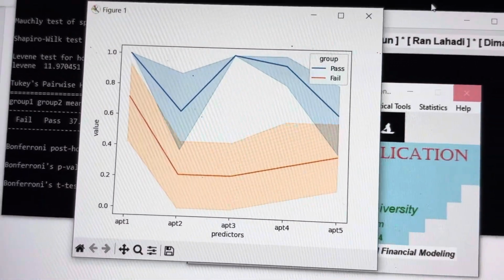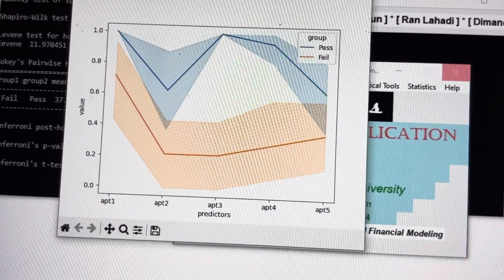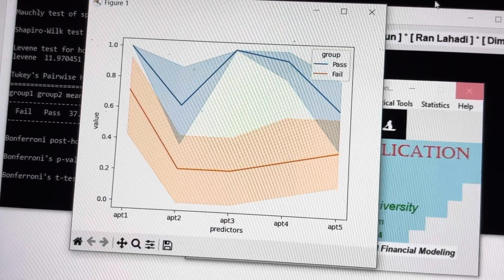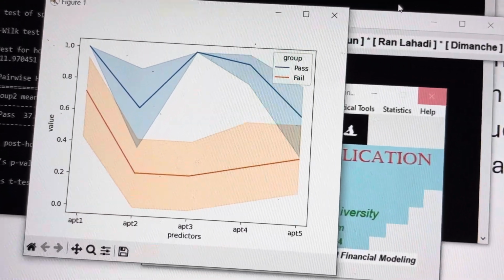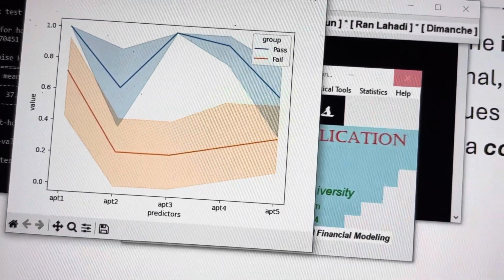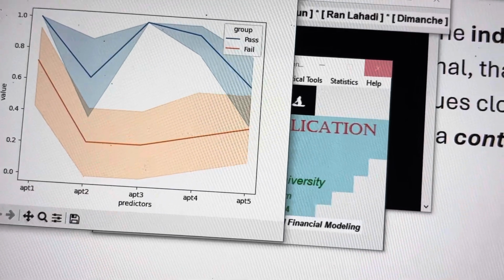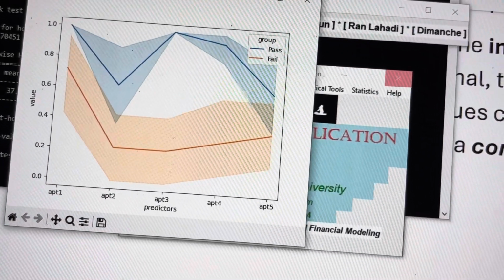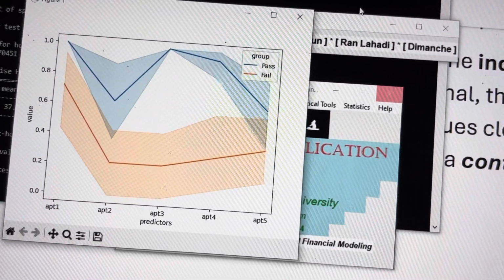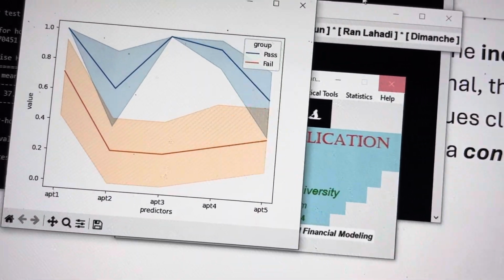Now we close this to look at another one. You can see now this one shows clearly the gap between the fail and the pass. You can see it now. The gap between the fail and the pass. The pass is the blue, and it's also a stacked blue something. But that's the mean of the pass, the bluest one, the line there.